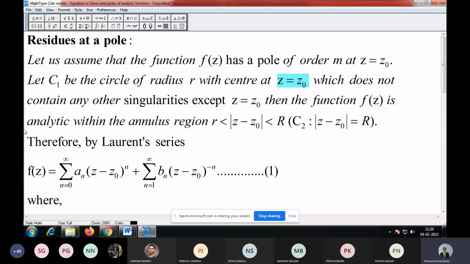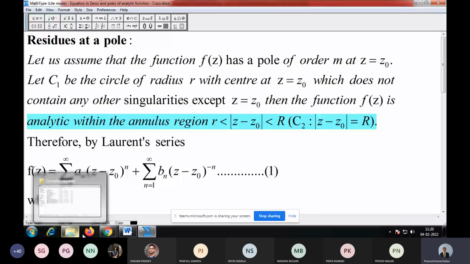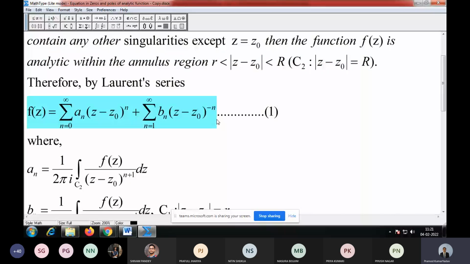Then the function f(z) is analytic within an annular region, and therefore, by Laurent series, we get this expression.